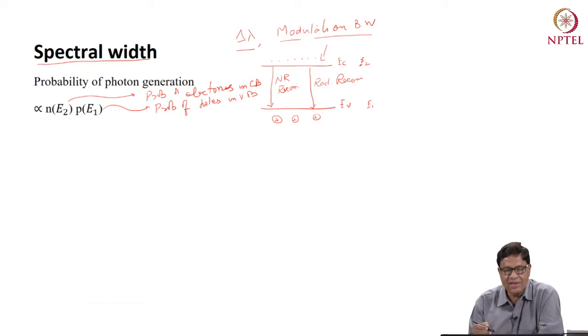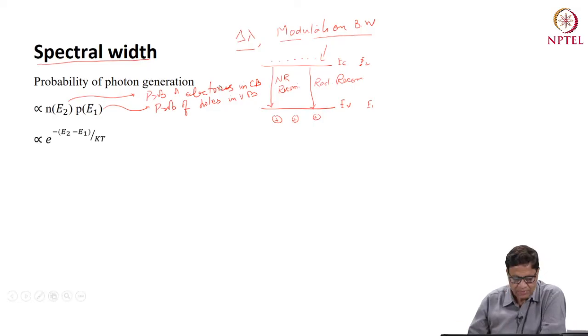When they combine, they either give you radiative recombination or non-radiative. For simplicity, we will assume that all electron hole pairs result in photon generation, so there is no non-radiative recombination. This probability of photon generation is given by this.